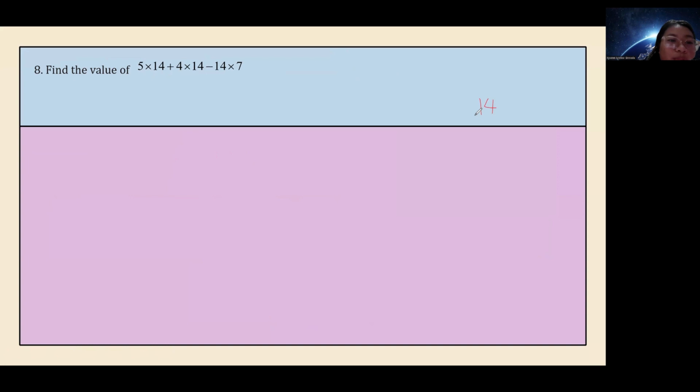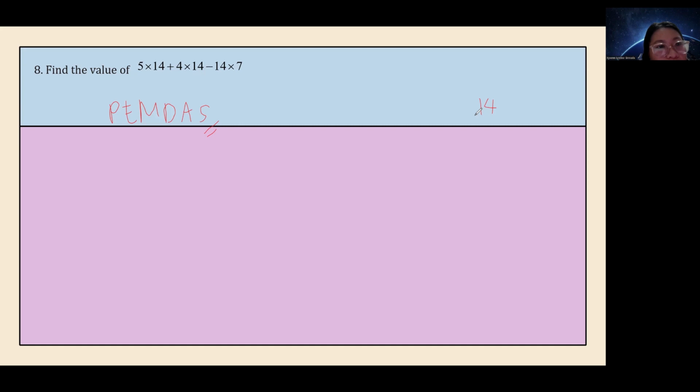Now, one thing you have to remember here is the rule of PEMDAS. So PEMDAS means parenthesis first. Next is exponent, but you don't have exponent yet, right? And then multiplication, and then division, addition, and subtraction. So this is how we prioritize our operations.